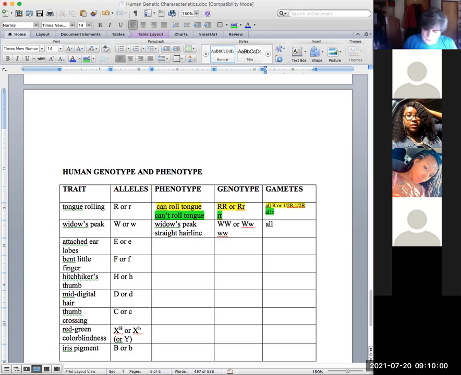Now, if you have widow's peak, either all your gametes have big W, if your genotype is big W, or half of your gametes are big W, half of them are little w.